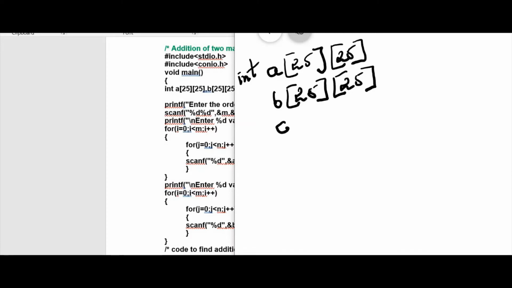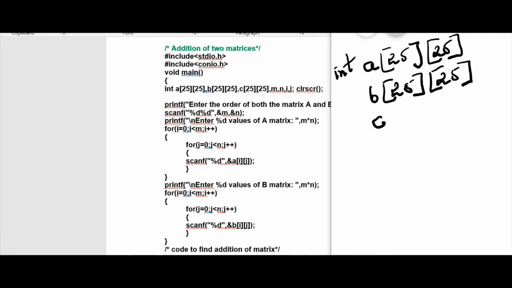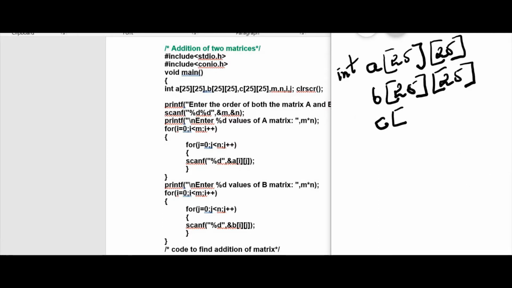I am going to declare one more array C, which is also capable of storing 25 rows and 25 columns.